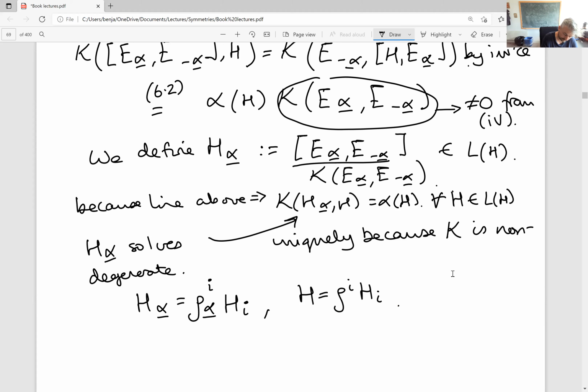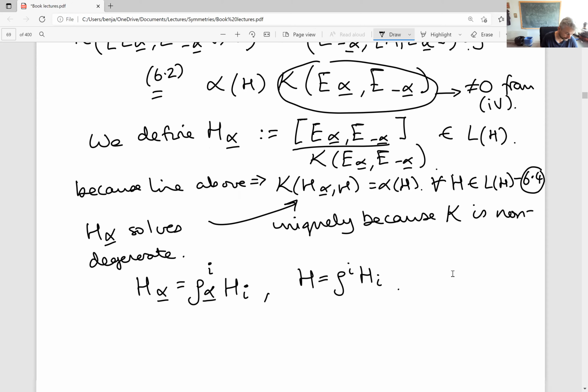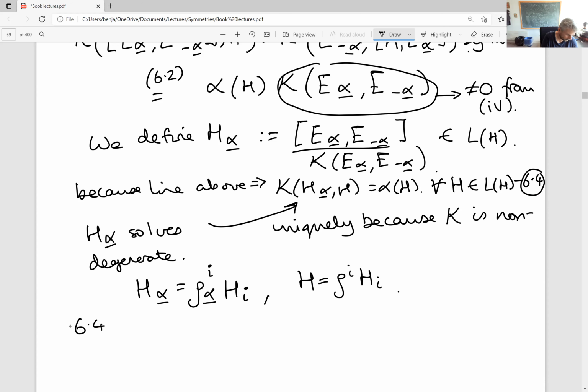So this equation over here, I'm going to call 6.4. So 6.4 then becomes kappa_ij rho^i_alpha rho^j is equal to alpha_i rho^i.